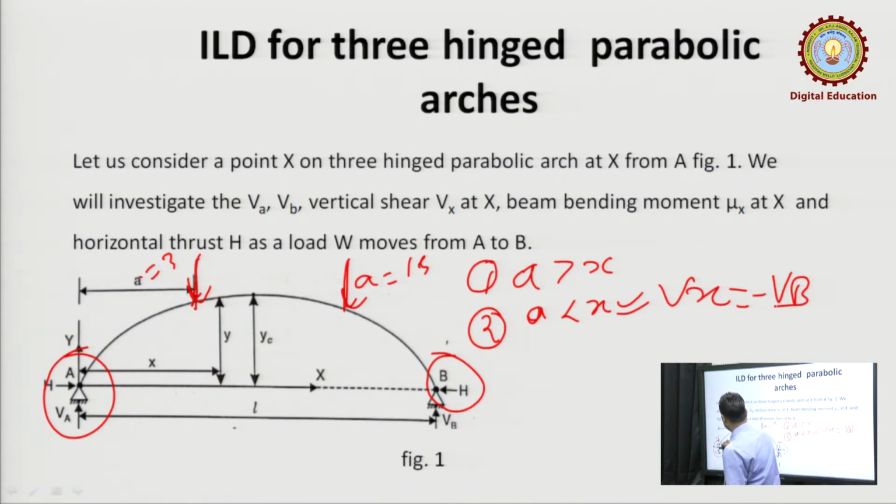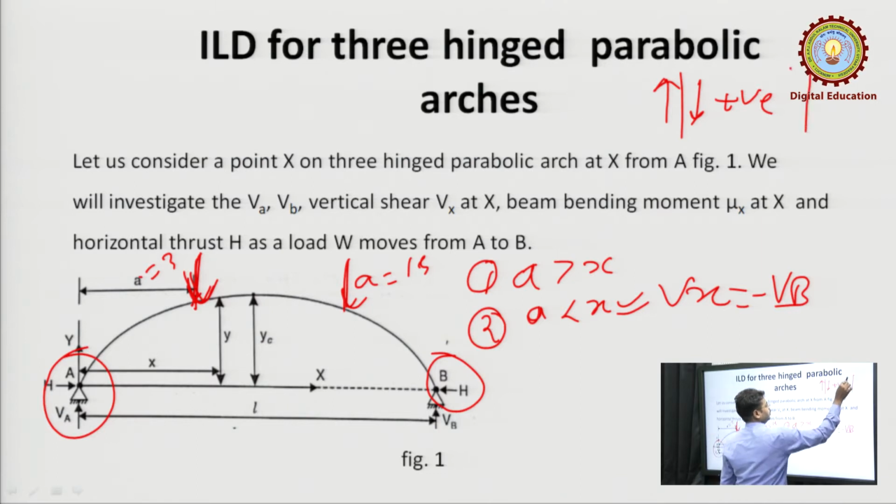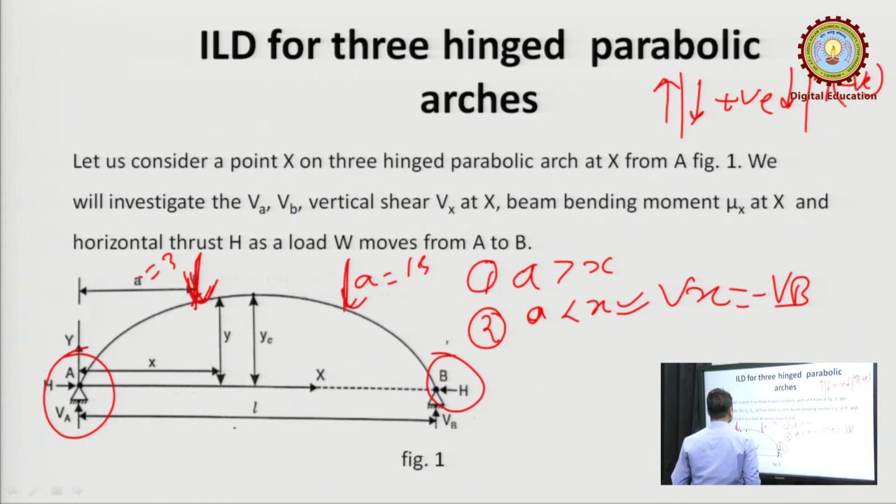You can see that load is here. When load is here, load is working on here. In the last session, I told you for shear, this is positive and this will be negative.